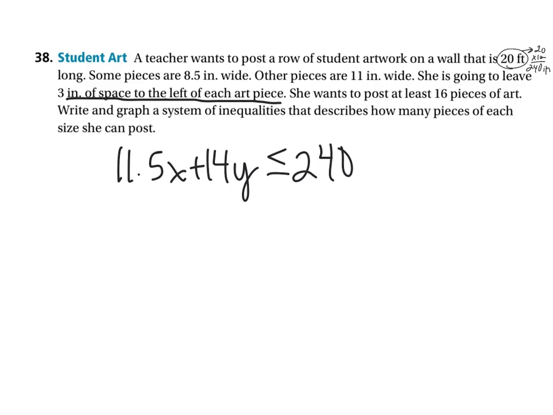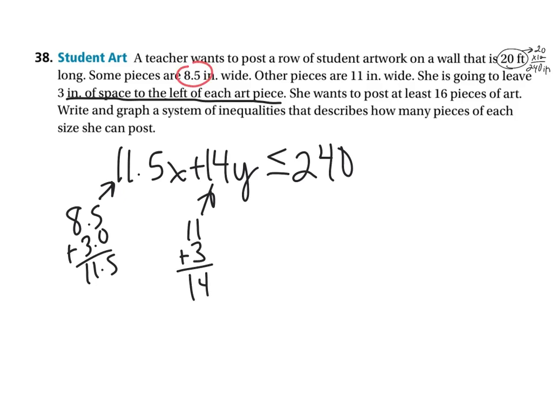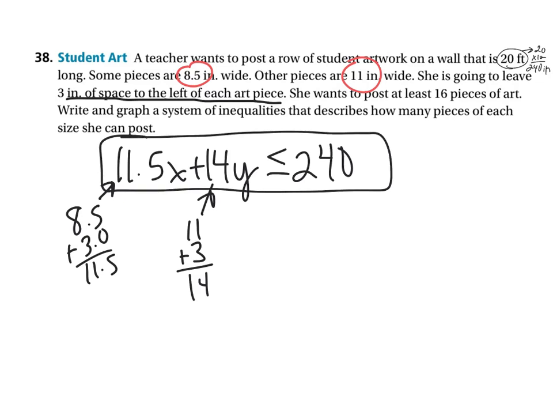So the 11.5, we get that by doing 8.5 inches plus 3 inches. And the 14 is the 11 inches plus 3 inches. It's just that we're doing 3 inches extra on the left side. So that's one of our inequalities.